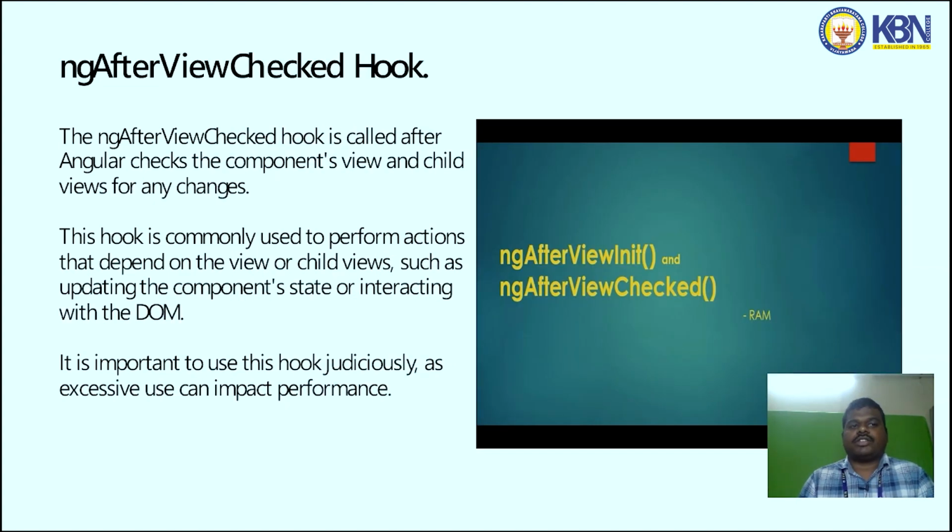After view checked means after completely checking a component view, immediately Angular will check its child properties for any changes. We talked about the parent till now. Now from here what we need to check? What about the child views? Is there any change in them or not? So we should check them also, again using the DOM, the document object model.